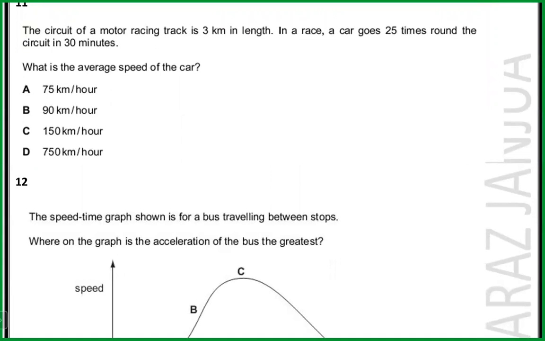Okay. A circuit of a motor racing track is 3 kilometers in length. In a race, a car goes 25 times around the circuit in 30 minutes.